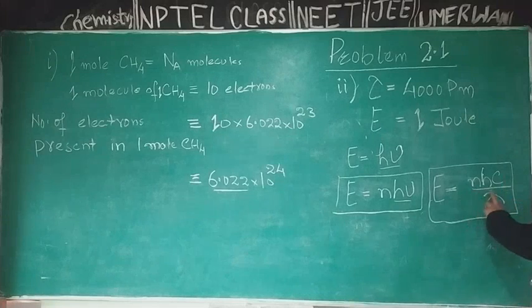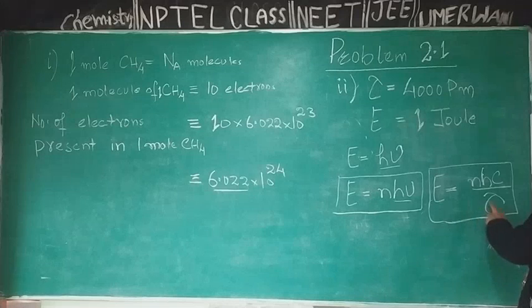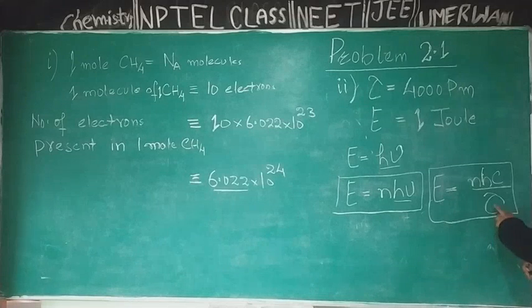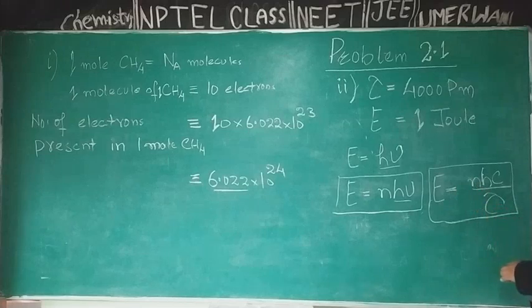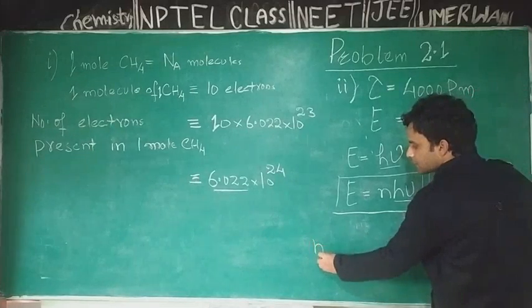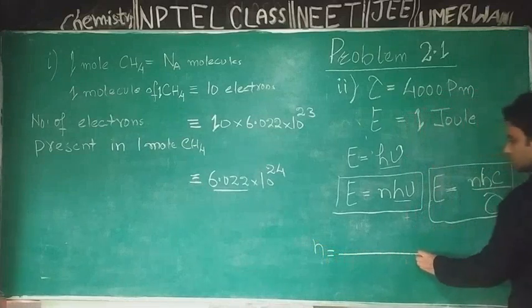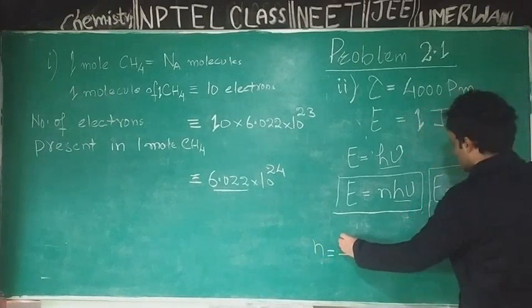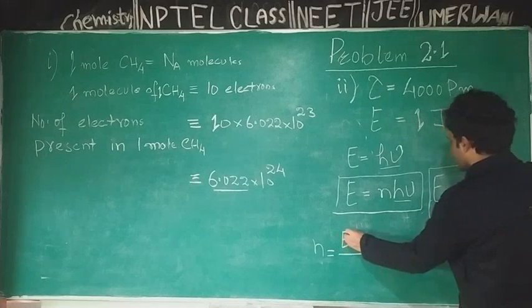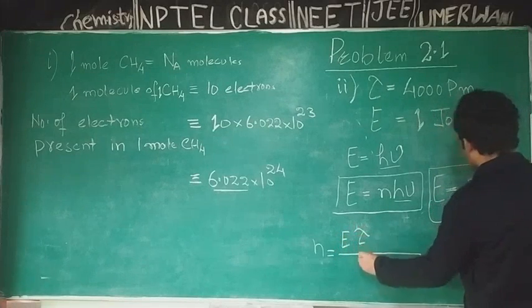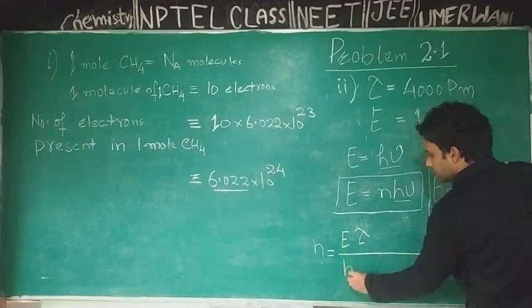Now this equation has 5 parameters total: energy, wavelength, number of photons, Planck's constant, and velocity of light. Planck's constant and velocity of light are constant parameters. Lambda is given parameter. Energy is also given 1 joule. I have to solve this equation for n, and value of n, number of photons, will be equal to E into lambda divided by hc.